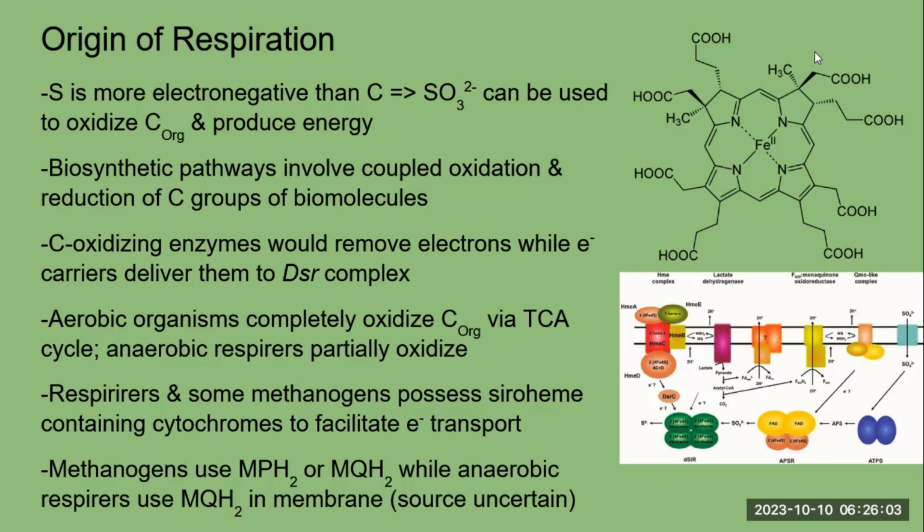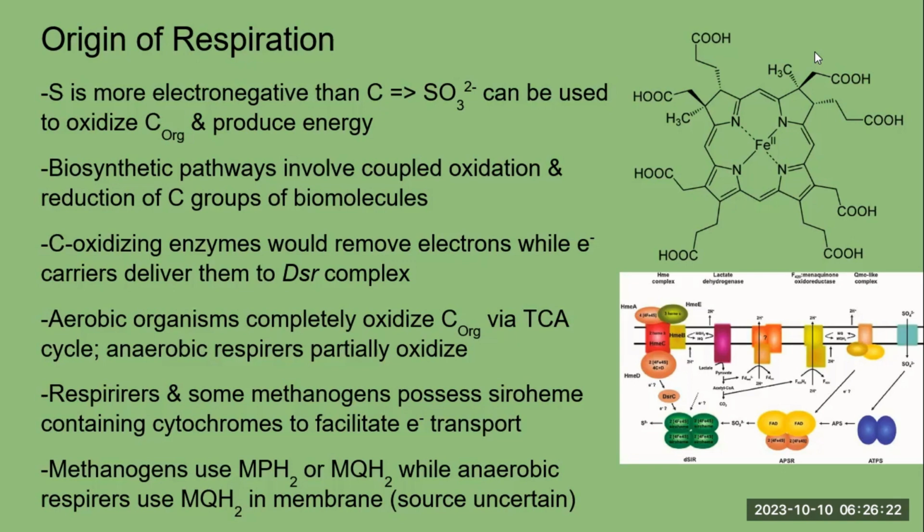Apart from having the DSR-like proteins, which acted as the progenitor to the first respiratory enzyme, several key features of respiring organisms originated in methanogens. One of these are electron carriers which reside within the cell membrane, the aforementioned MPH2.